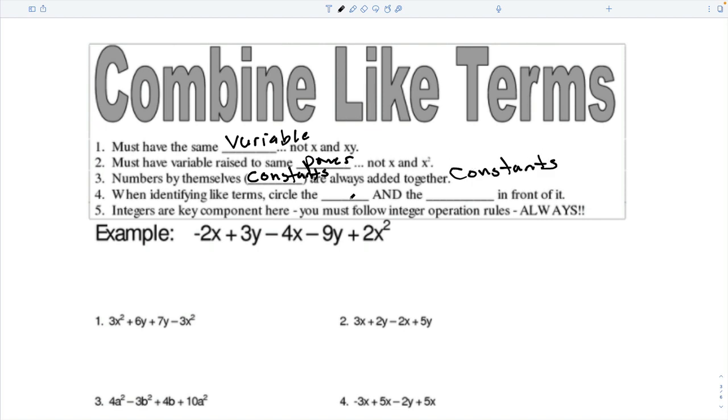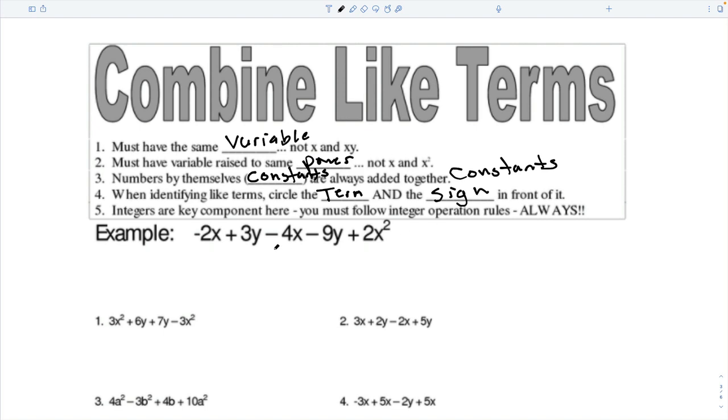I realize it's a little bit squishy. Constants is right there. When identifying like terms, circle the term and the sign that's in front of it. If it looks like a -2 or a -4, you're going to circle the entire sign and the number.